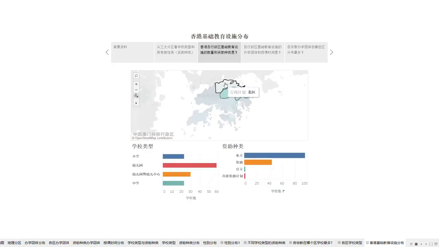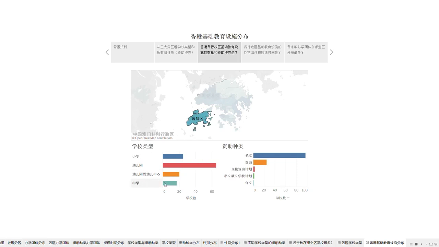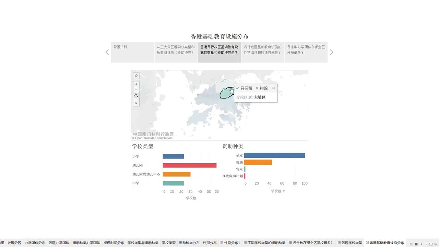In this graph, I go deeper to talk about how the schools are distributed in Hong Kong's 18 districts. The map is clickable to switch between the districts, and the two graphs down there are talking about the school types and how they're funded.